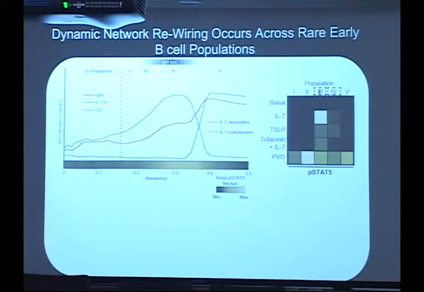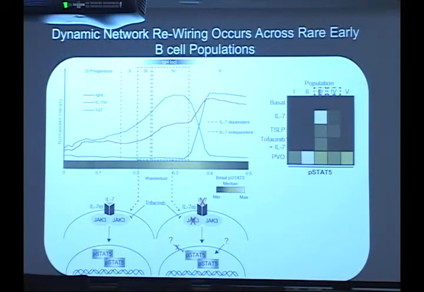So it seemed like what was happening as cells were moving from population 3 to population 4 is that when they're in population 3, they express the IL-7 receptor. They can respond to IL-7 in a JAK-dependent manner to activate STAT5. But as they transition to population 4, they no longer are responding to IL-7, regardless of the fact that they still express the IL-7 receptor.